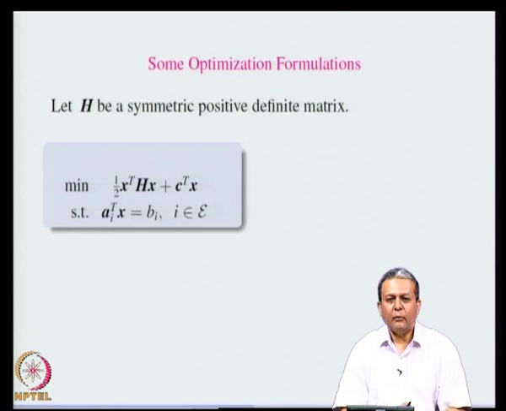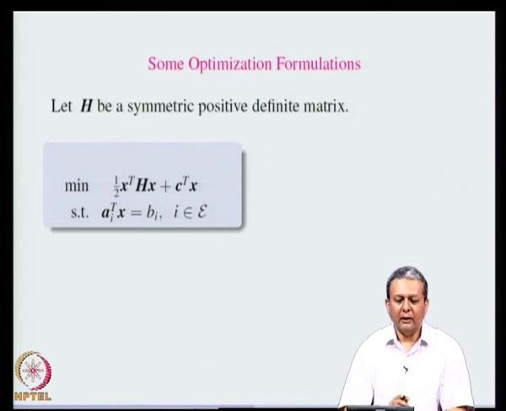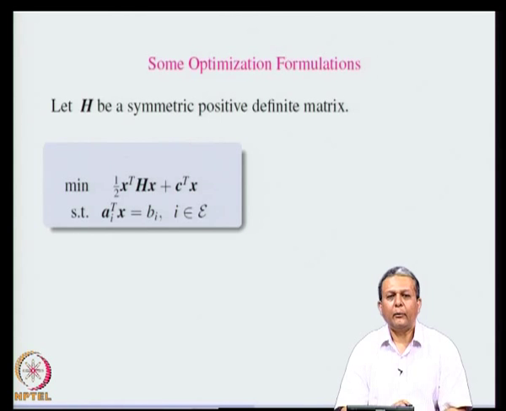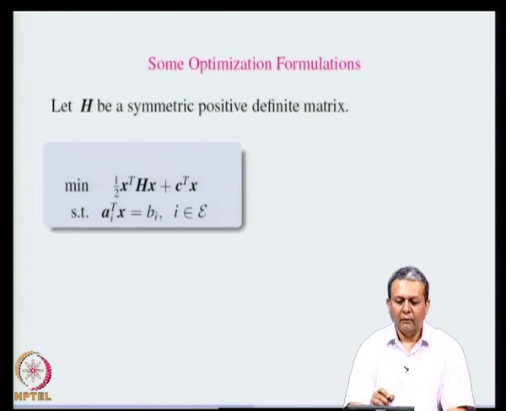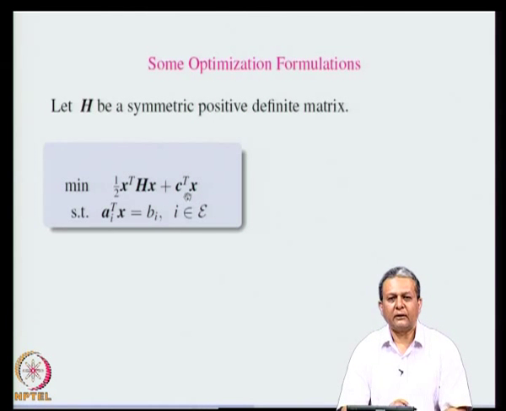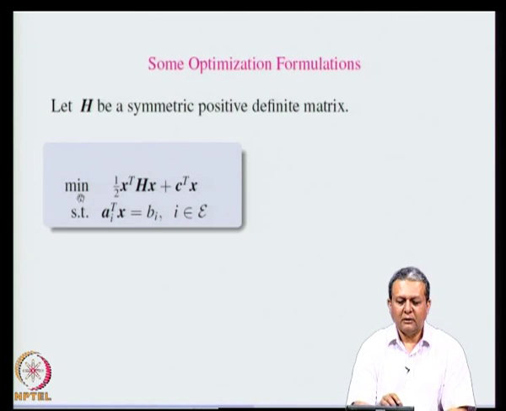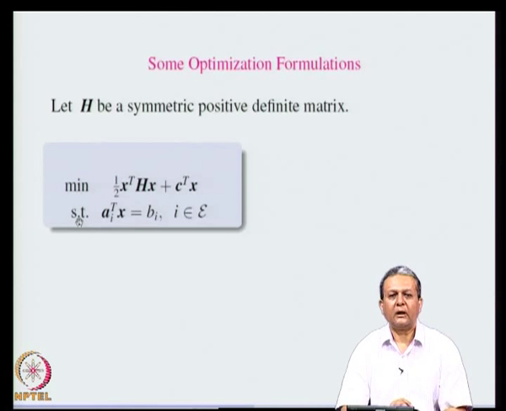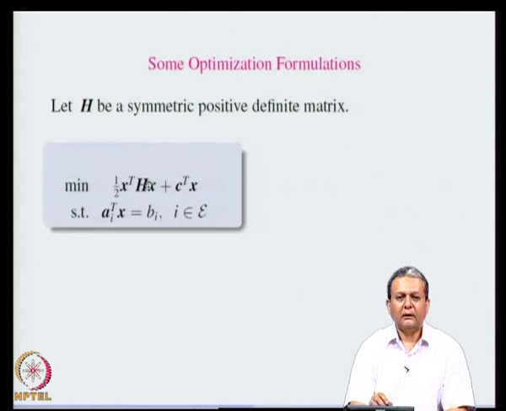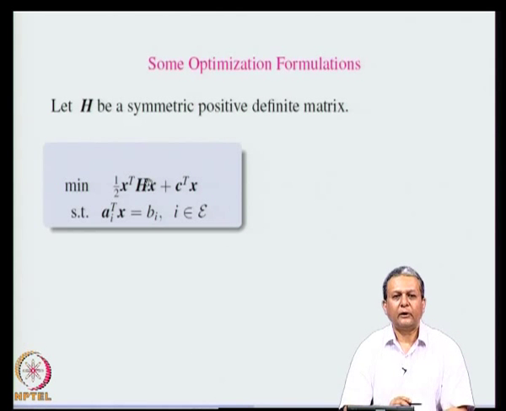One of the first formulations that we are going to study is a quadratic program with linear equality constraints. The program is of the form: minimize half x transpose H x plus c transpose x, subject to the constraint that a_i transpose x equals b_i, where i belongs to the set of equality constraints E. As I said, H is a symmetric positive definite matrix.